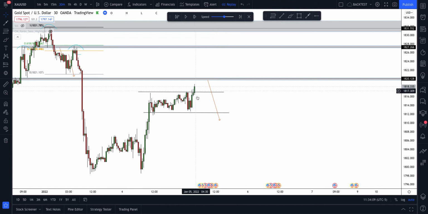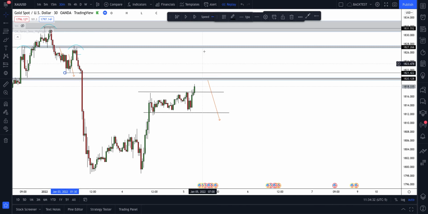Okay, price broke above and closed here. Now to go for a buy, I have to see price do the same thing here, especially above this area.